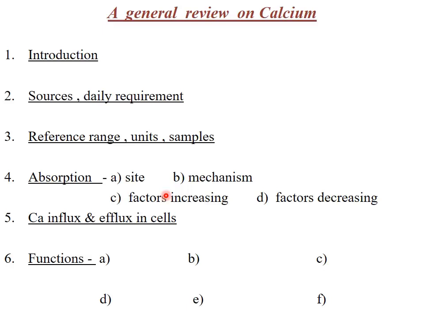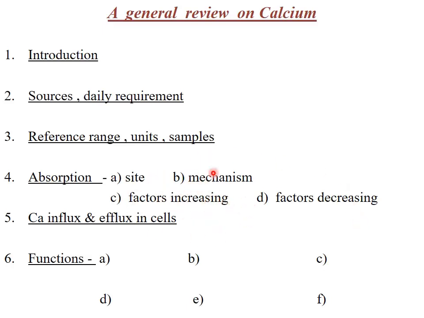Now, the factors which are increasing or decreasing the absorption of calcium. The most important factor increasing calcium absorption is vitamin D. How does it increase? It enhances the synthesis of a protein which binds to calcium during absorption, that is calbindin.